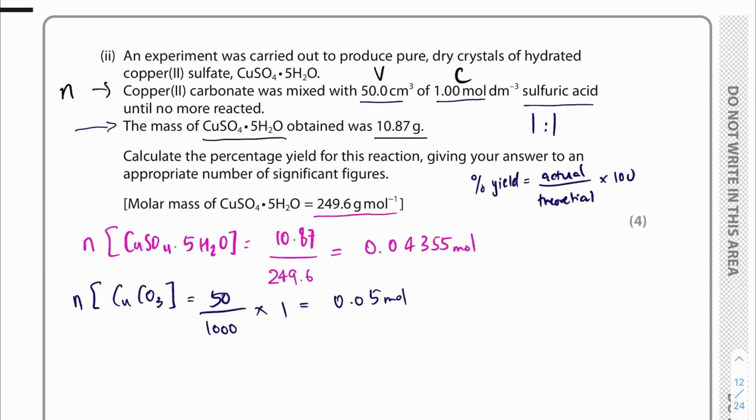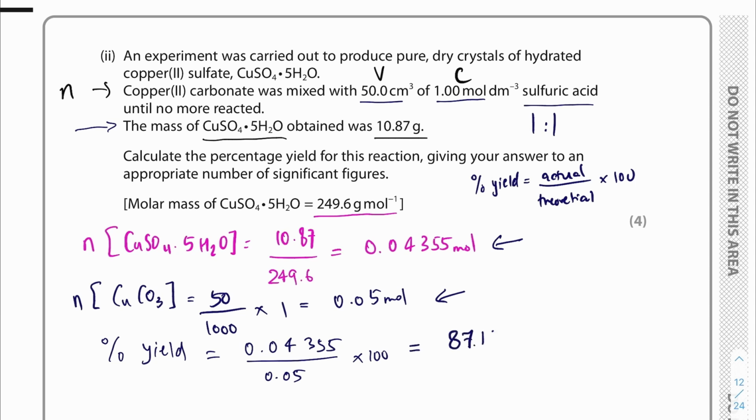So we want to know the percentage yield. This is the amount of moles we should get theoretically. But what do we get? We get this. So percentage yield, we can also do percentage yield of moles, will be 0.04355 all over 0.05 times 100 to give us 87.1. It's a big decimal, but we're on 3 sig fig, and that's what we get.